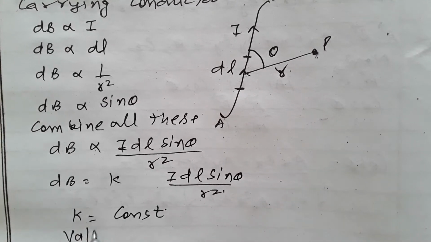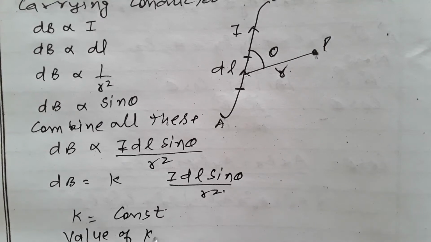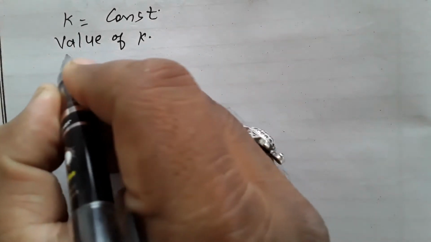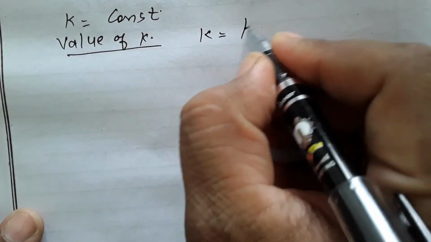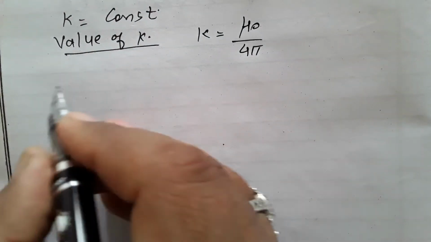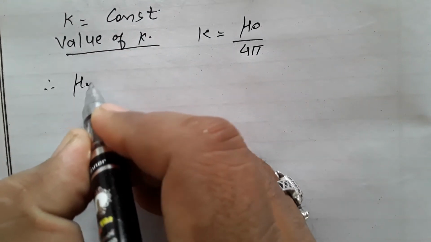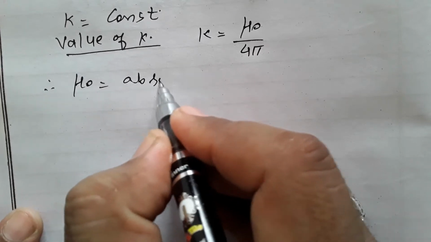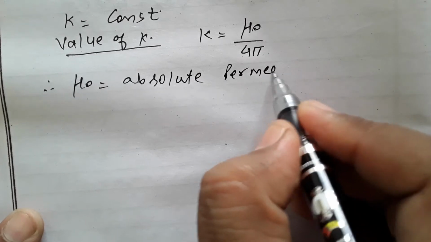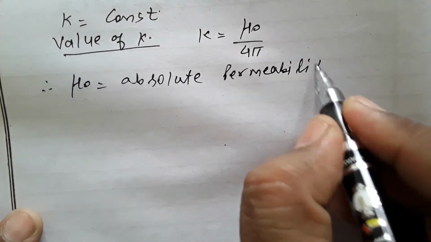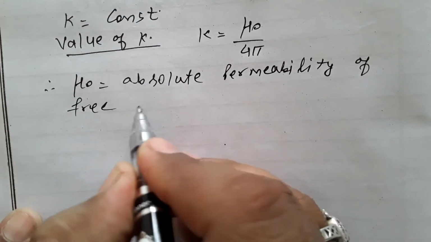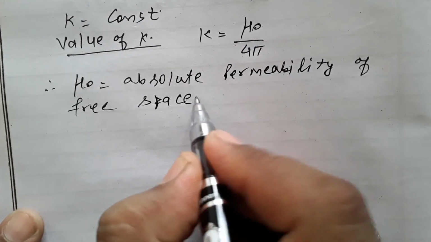The value of k is mu naught upon 4 pi, where mu naught is the absolute permeability of free space or vacuum.